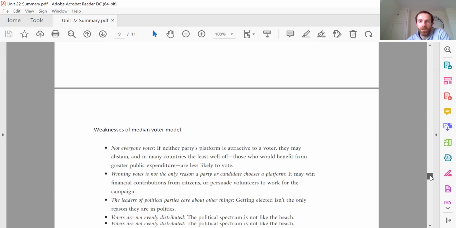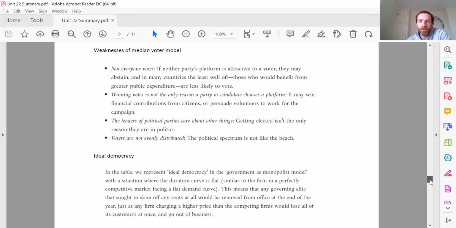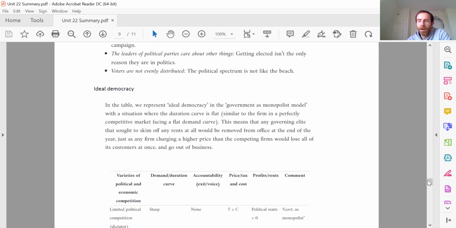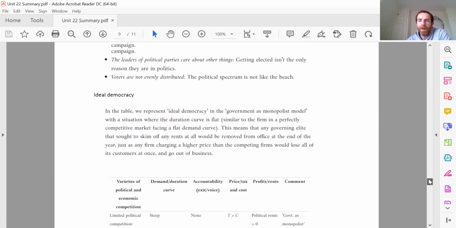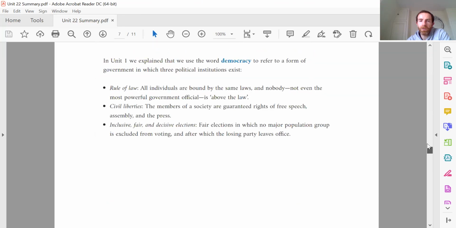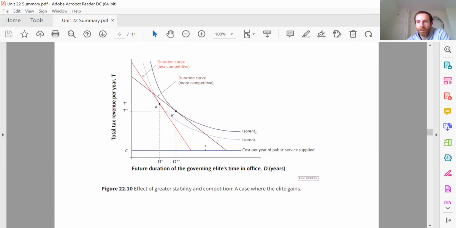So moving on from the median voter model, we now have this idea of an ideal democracy. And I hinted at this earlier on. An ideal democracy brings us back to this previous model with our duration curve and our iso-rents. What happens in an ideal democracy is it's not possible to achieve political rents.